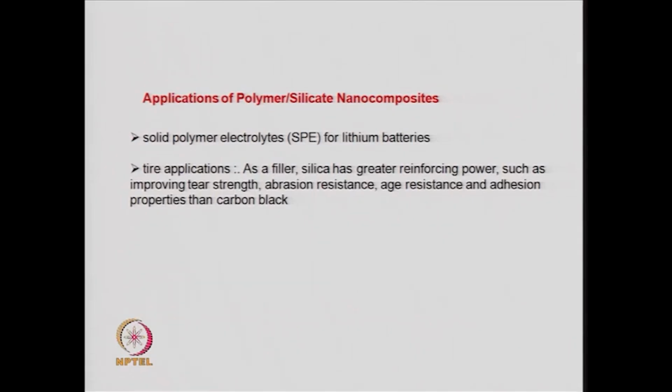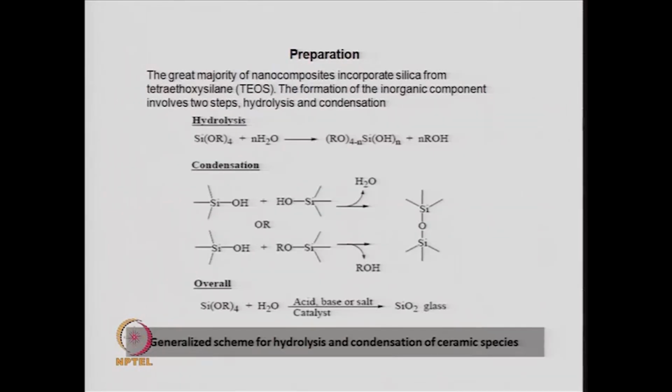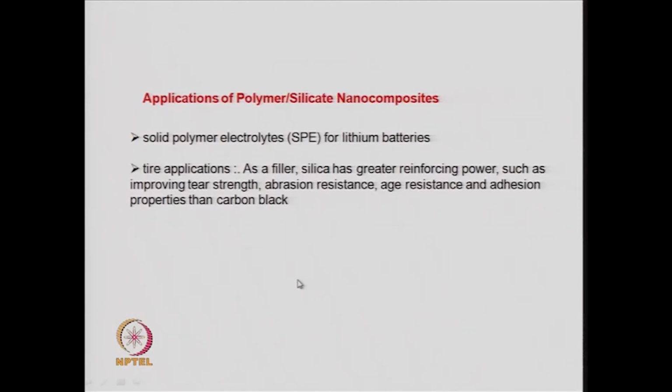Now, the silicate polymer nanocomposites that we are talking about are basically silicates, because we are talking of silanes as the precursor. You started with TEOS, so you are looking at silicate based polymer nanocomposites. There are two major applications of these polymer silicate nanocomposites.